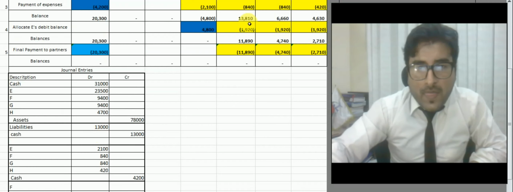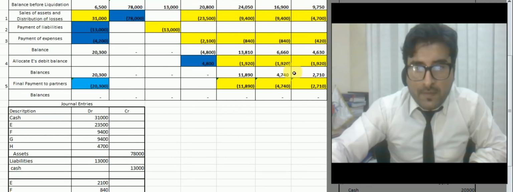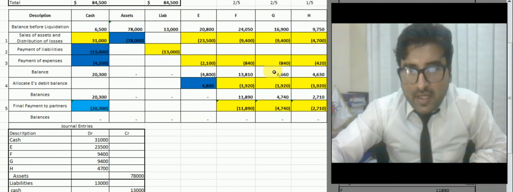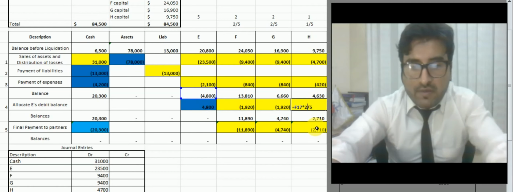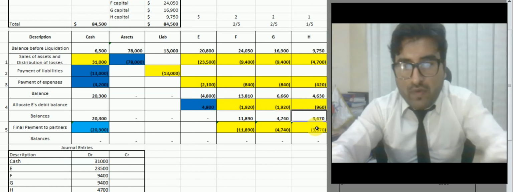Look here, we have FGH debited, how much? 1920, 1920 and 1920, okay. So here we have a mistake, I think. This is 1 over 5, not 1920, so sorry for this value, make it 1 over 5, okay.